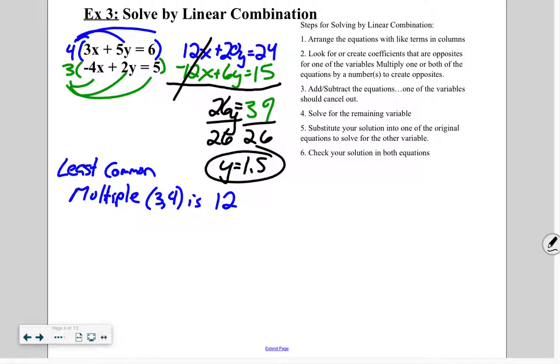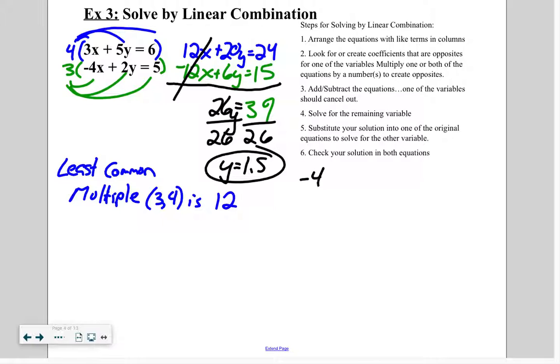So I'll circle that, but again, we haven't actually solved the solution to the system of equations. We need to substitute this back into one of the equations to solve for x. I'm going to use the bottom one, and notice that I have a decimal of 1.5, and multiplying it by 2 will make an integer, which is nice to work with.